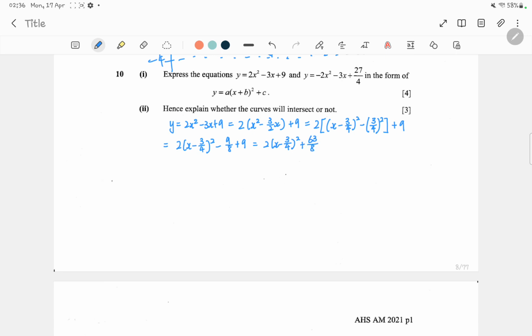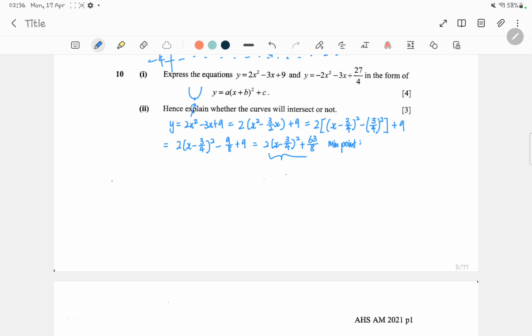From here we can deduce the minimum point, because as you can see this is a smiley curve, because the coefficient of x squared is positive. For a smiley curve, we are talking about the minimum point.